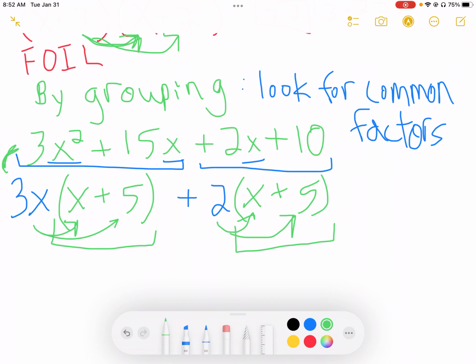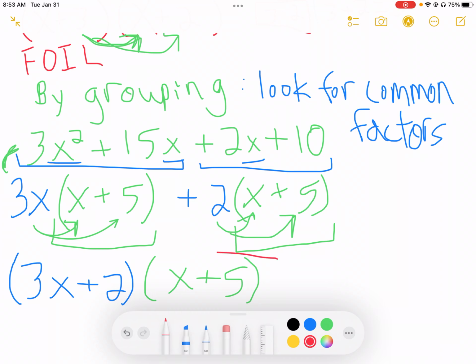To finish this up, I can just say that I have 3x plus 2, and each one of these has a factor x plus 5, so I'm going to say 3x plus 2 times x plus 5. And that is my final answer for this problem. Okay, so 3x plus 2, x plus 5.